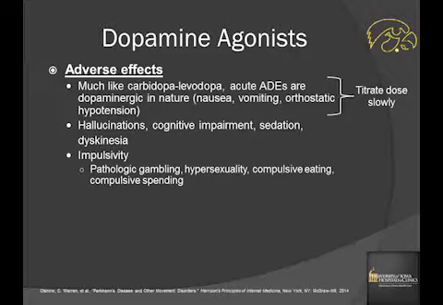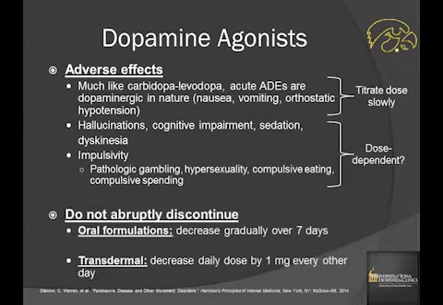So this is something that we do actually see, and something that you should be concerned about, specifically in patients who maybe have a history of any of these things, but also we've seen it in patients who have had no history of this. It's thought that maybe these hallucinations and impulsivity are maybe dose dependent, but that's not been conclusively shown to be the case. So again, starting with lower doses and utilizing lowest doses is still probably the best option.